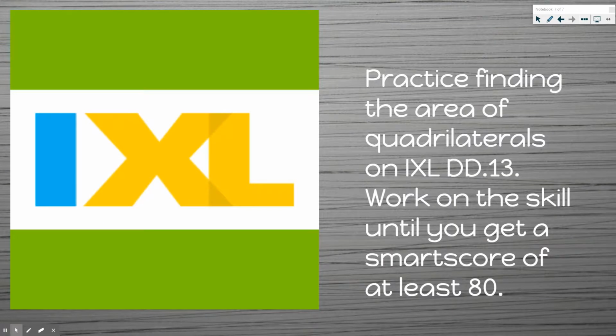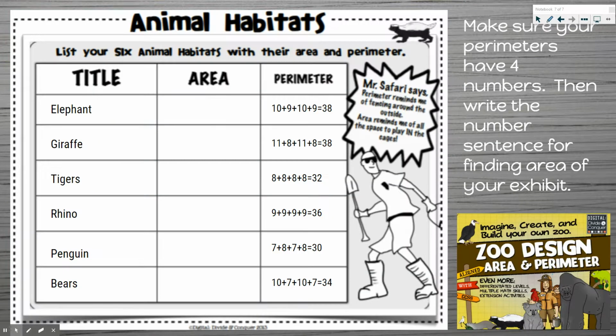All right, so remember, you're going to be practicing finding the area on IXL DD13. This is going to get you in the habit of using the multiplication number sentence to help you. And then here's what I want you guys to do. On your zoo page, you can click on the zoo down here and it'll take you to your assignment, or you can get to it from the math homepage.